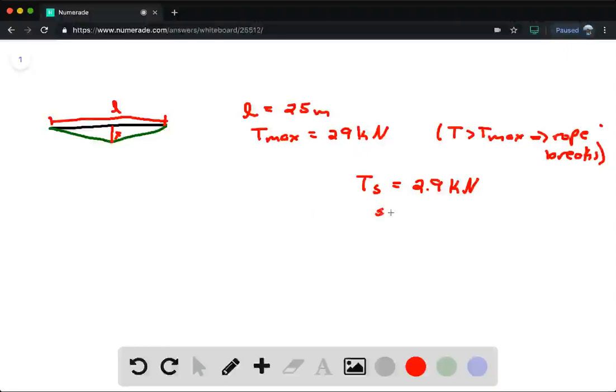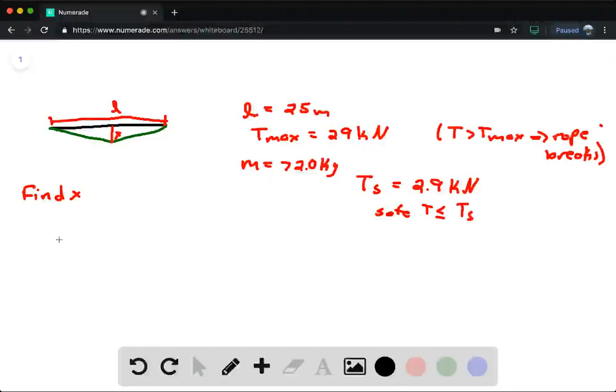So it's safe if T is less than or equal to TS. We're also given that m is 72 kilograms, and we want to find x, which is this vertical distance of Bob sagging down in the middle.